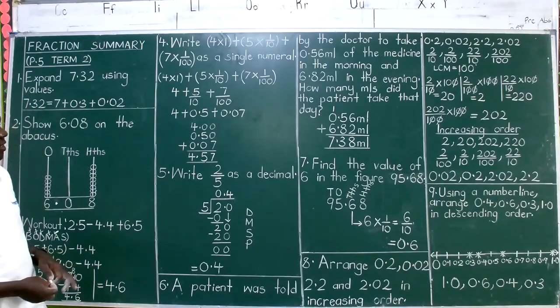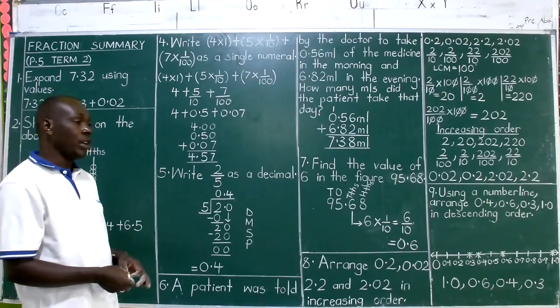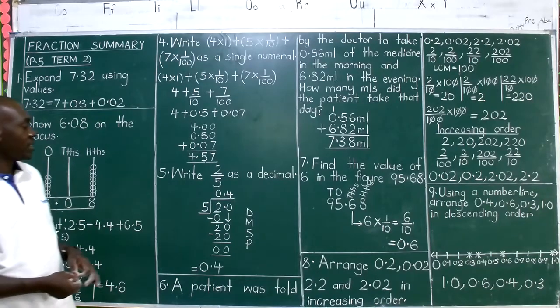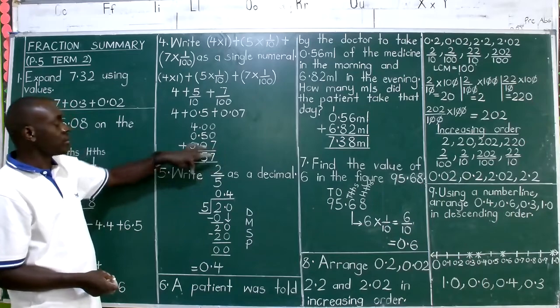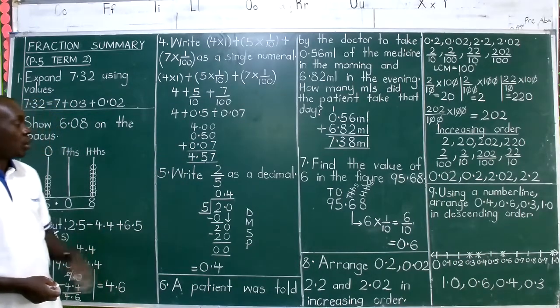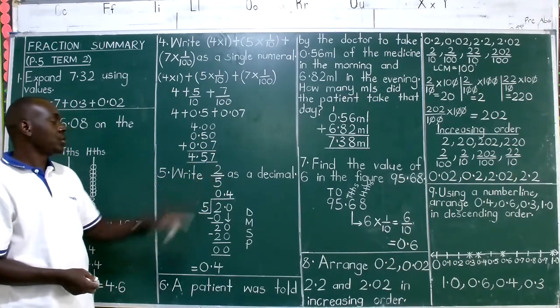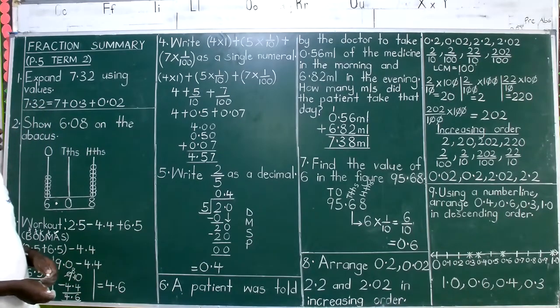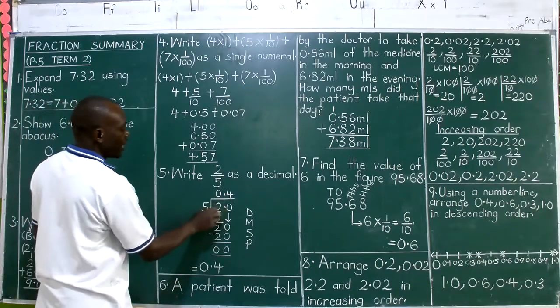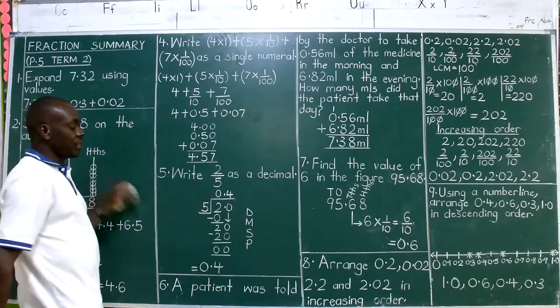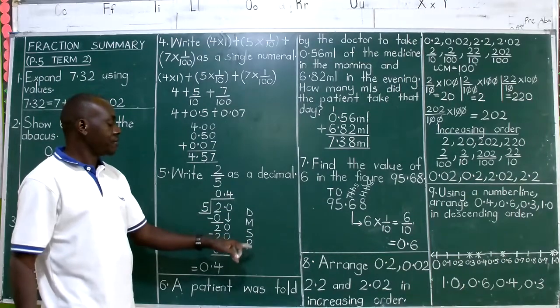So that number that contains a point is a decimal, or a decimal fraction, if you want it that way. So remember, 2 out of 5, this "out of" means divide by. So 2 out of 5 means 2 divided by 5. So we divide 2 by 5.